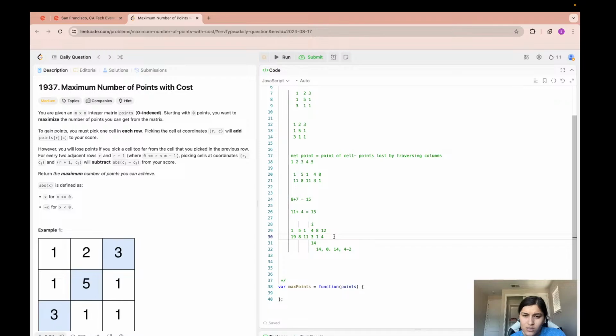But is it always fixed that okay, this is the number that I want in my first row? According to this, it did not matter if I chose 8 plus 7, you know.